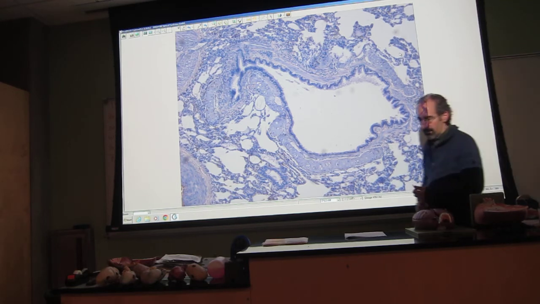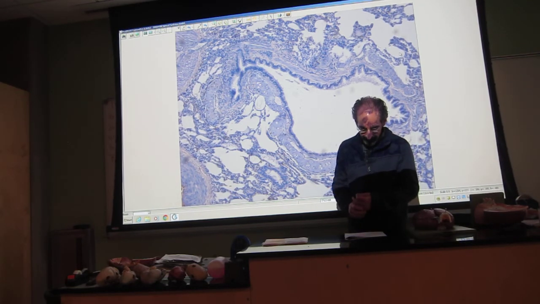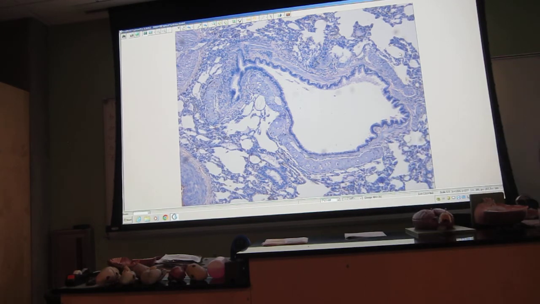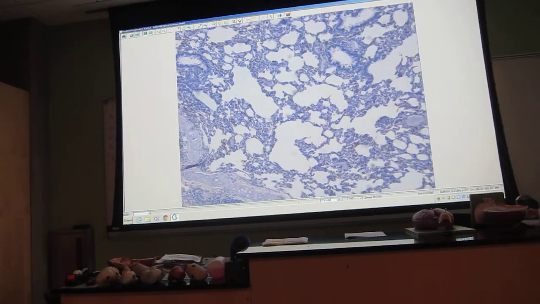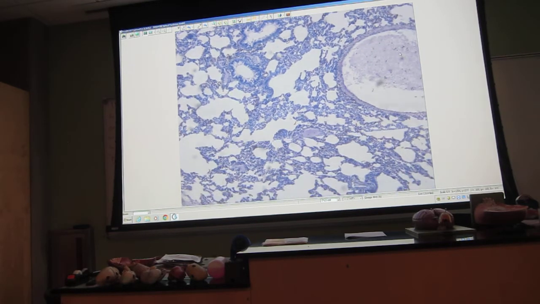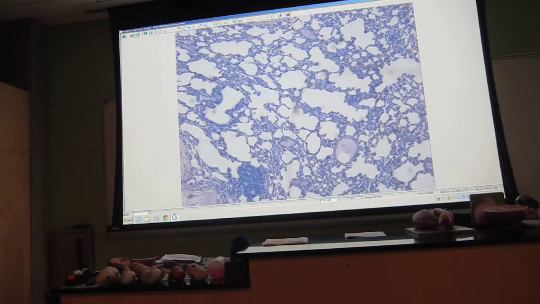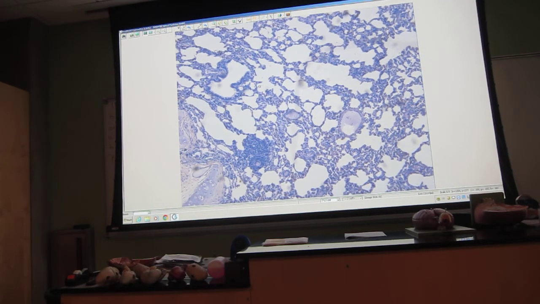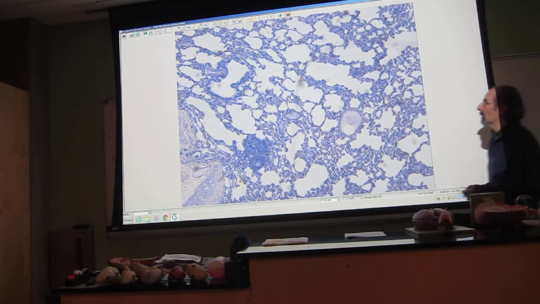Okay, what else do they want you to see? An alveolus and an alveolar sac. So let's go to that. Again, any of these would work.